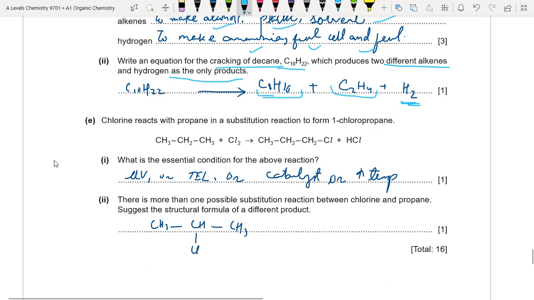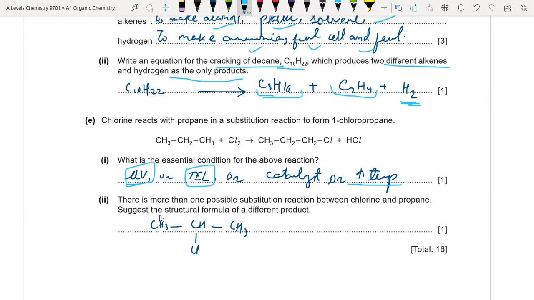Chlorine reacts with propane in a substitution reaction to form 1-chloropropane. What is the essential condition? Ultraviolet radiation or solar radiation, we can say, or a catalyst, that is tetraethyl lead, or high temperature.